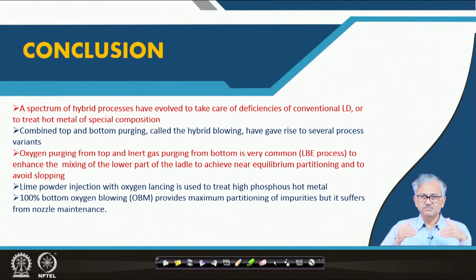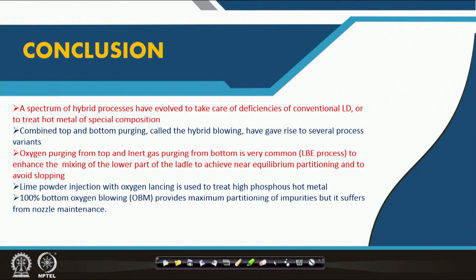Although it uses some hydrocarbon protection through the annular portion, the hydrocarbon undergoes a very endothermic reaction, which tries to compensate the heat generation at the top of the nozzle, still the nozzle problem is there in the OBM process. Otherwise, the OBM process was fantastic because it attains equilibrium and impurity partitioning can be attained to the maximum extent, but the problem is nozzle maintenance.